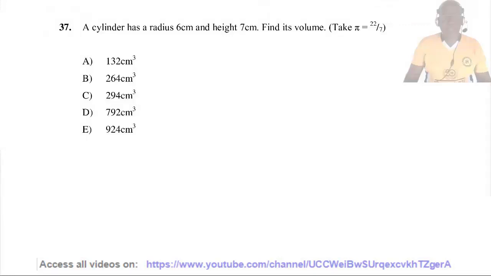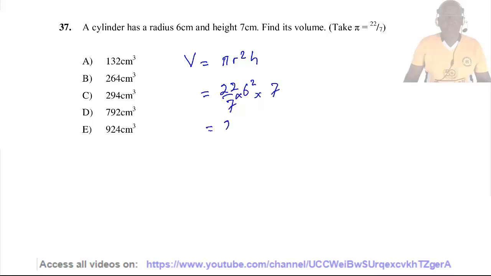Question 37. A cylinder has a radius 6 centimeters and height 7 centimeters. Find its volume. Take pi to be 22/7. The volume of the cylinder is given by pi r squared h, where r is the radius and h is the height. Pi is 22/7. The radius is 6, so 6 squared, and the height is 7.